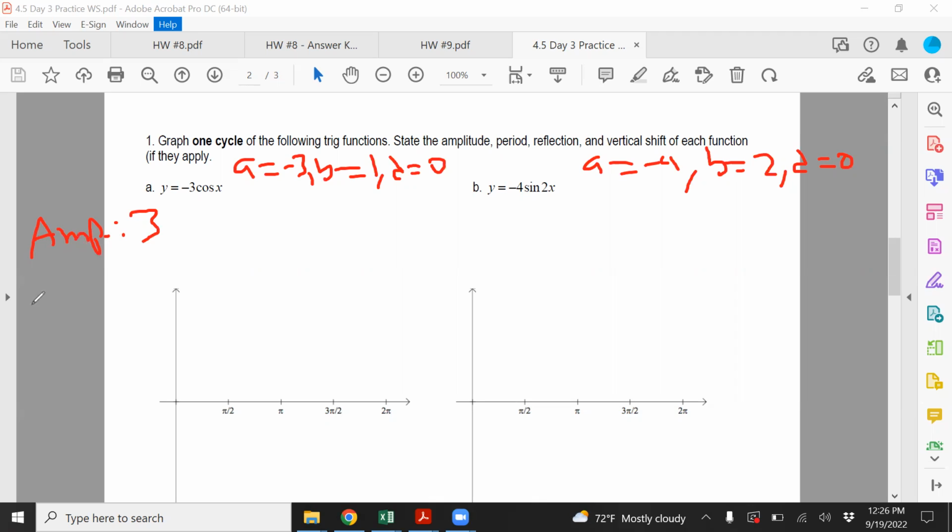The period is going to be 2 pi here. Here the amplitude is 4, and the period is going to be pi.